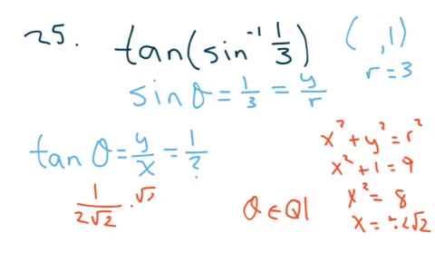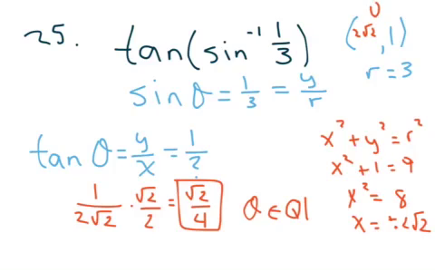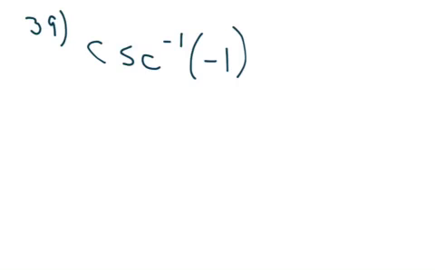We rationalize the denominator, and we get root 2 over 4. And that is your answer. So this was 2 root 2, because theta's in quadrant 1. And you need to know your definitions for cosecant, secant, and cotangent. So make sure you know those.